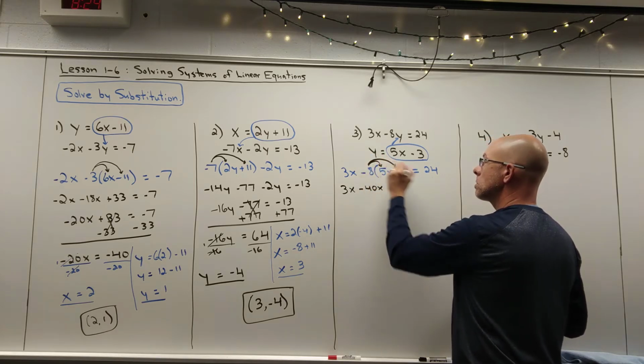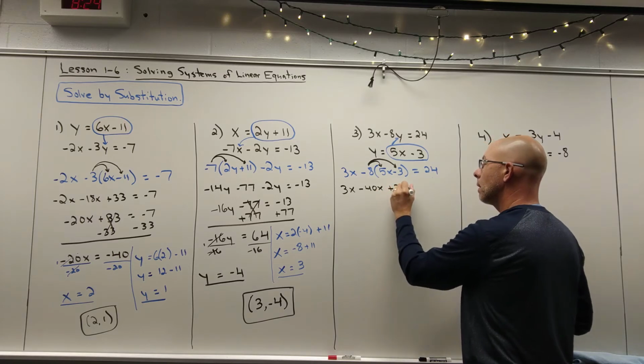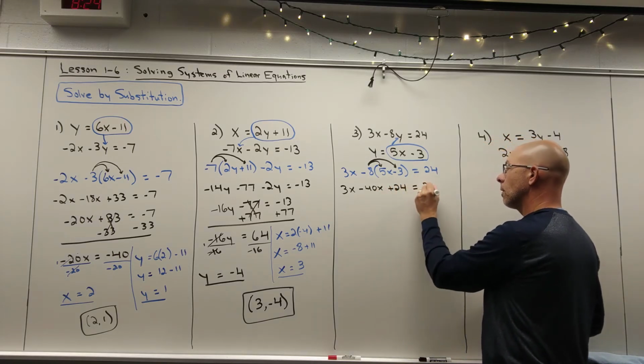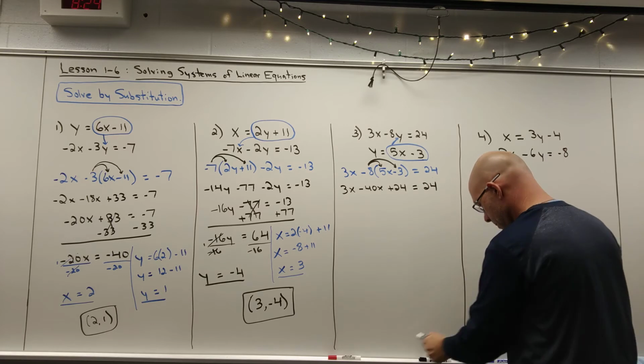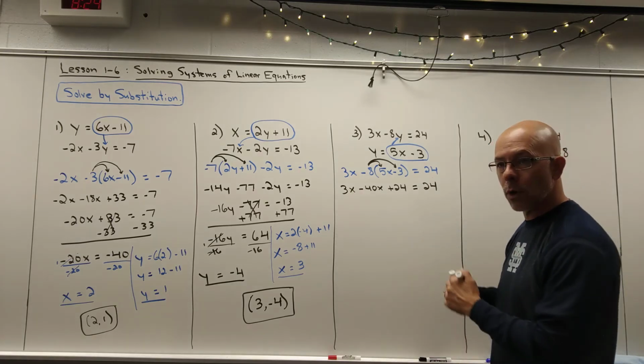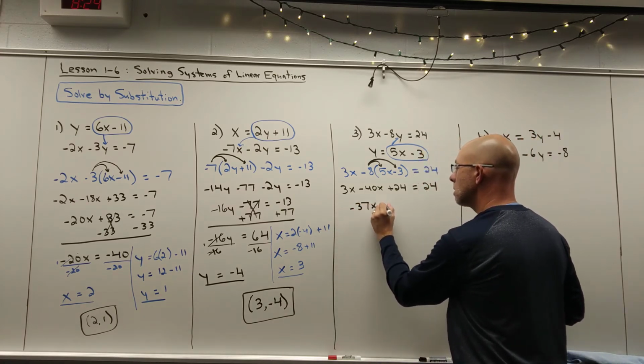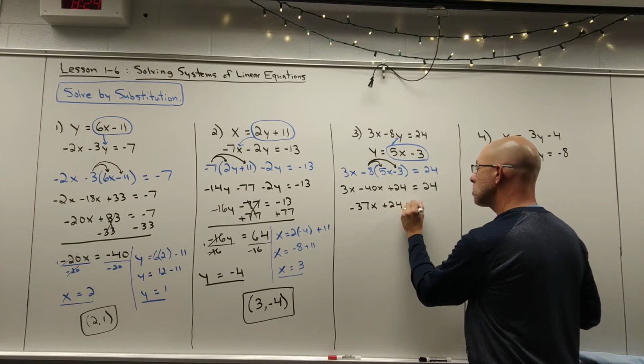That distributes to be plus 24. Equals 24. Okay, combine like terms. 3x minus 40x is negative 37x plus 24 equals 24.